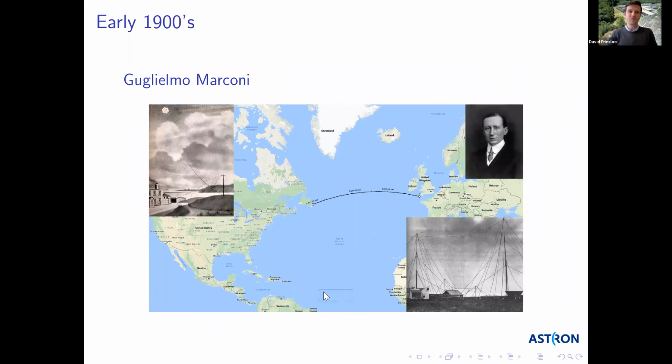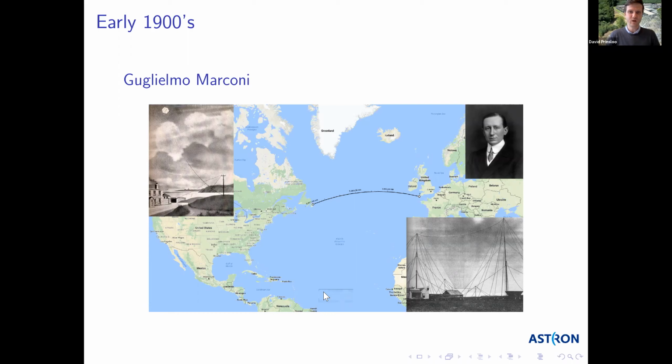But it was not long afterwards that Guglielmo Marconi saw the potential of this. And he said, well, we can commercialize this technology. And he did exactly that. He showed that you could use wireless transmission for communication. And the way that he did that was by this transatlantic experiment.